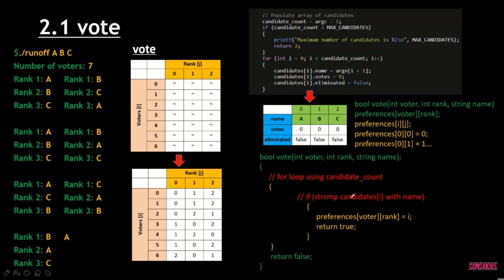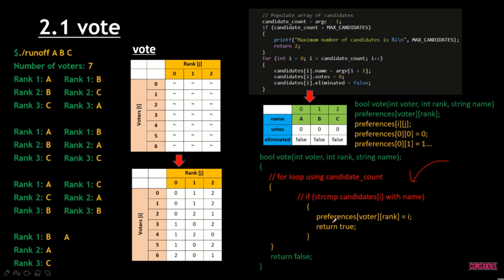We compare whether the candidate name is the name that the user keyed in. If they match each other, this is what we must have in our function.